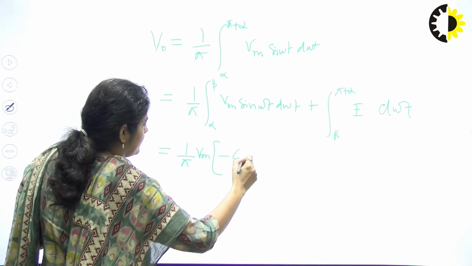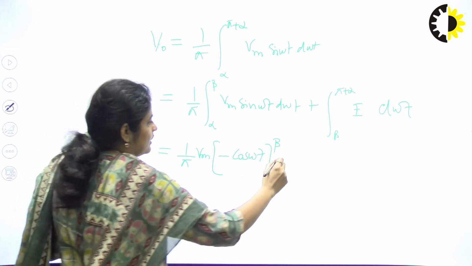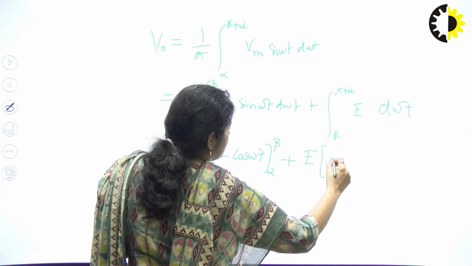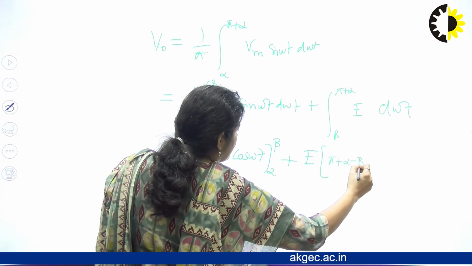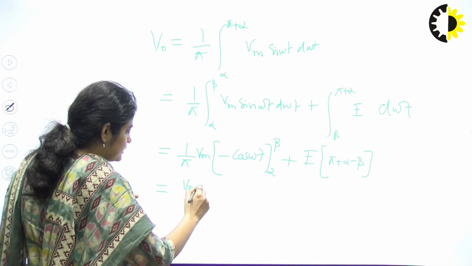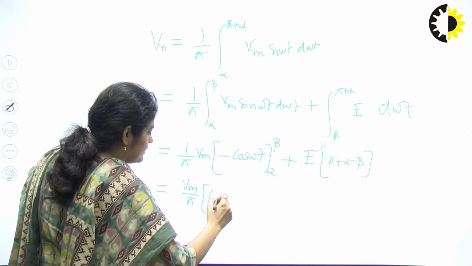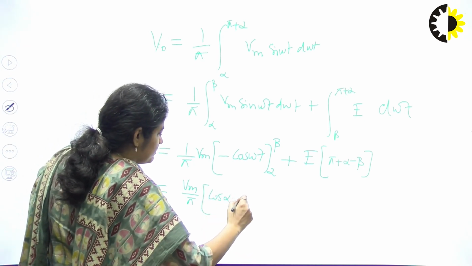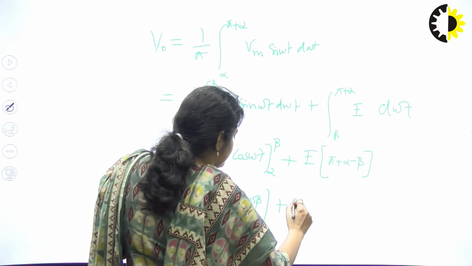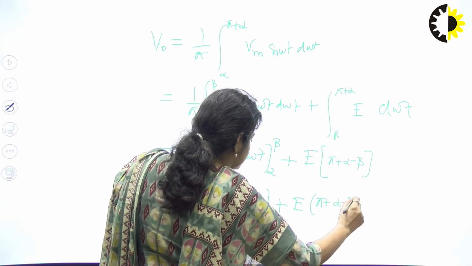The integration of sin omega t is minus cos omega t, and this is alpha to beta, plus E times the integration, which is pi plus alpha minus beta, right? This is Vm by pi times cos alpha minus cos beta, plus E times pi plus alpha minus beta.